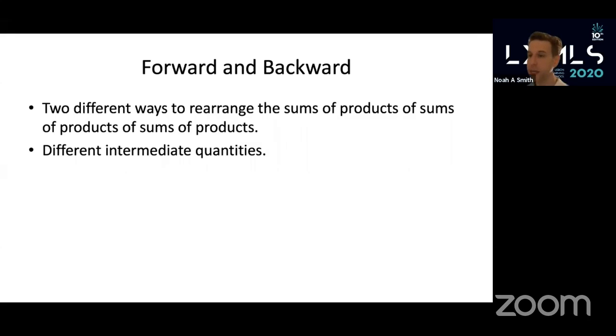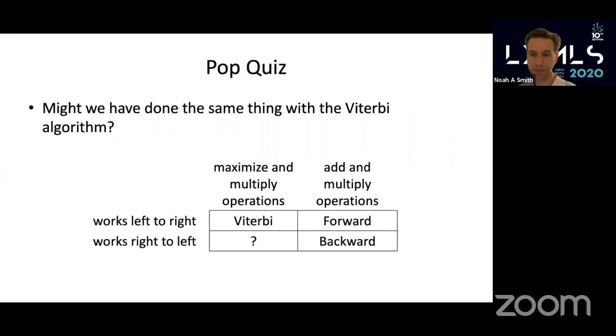Of course, the intermediate quantities are different. The forward algorithm thinks about prefixes. The backward algorithm thinks about suffixes. So here's kind of a thought experiment. We had two ways of calculating this summed quantity, the probability of the words, corresponding to the forward and backward algorithms, corresponding to different arrangements of the terms that you need to get the value you want.